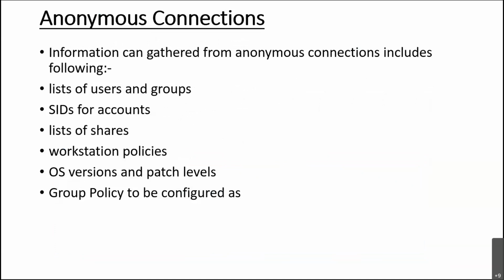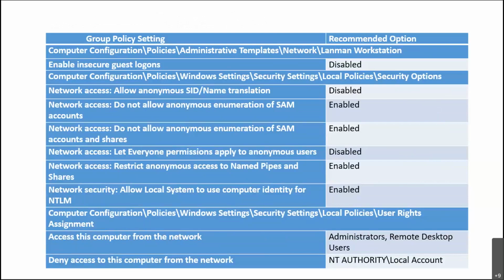The list of the users, the SIDs, the shares, the workstation policies, the patch levels, everything is information gathered from the various anonymous connections. This can be controlled by the group policy in such a manner that the guest logins should be disabled.